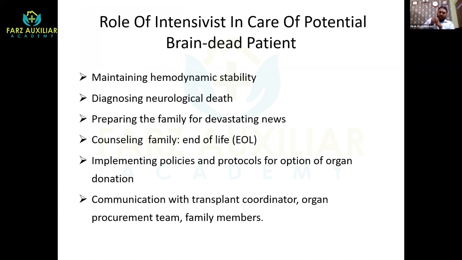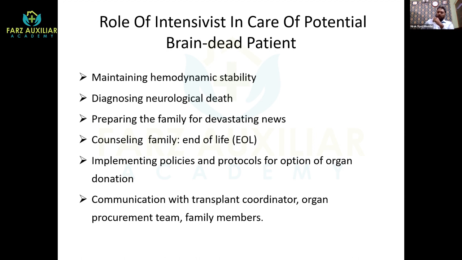As an intensivist, what is your role in treating a patient who is a potential organ donor? You have to maintain hemodynamic stability, diagnose the neurological death, and prepare the family. You have to counsel the family, sometimes repeatedly, because most family members are not willing to donate organs so easily.